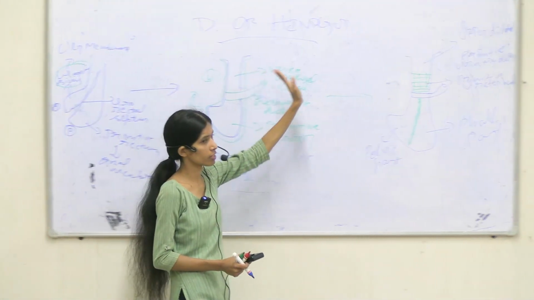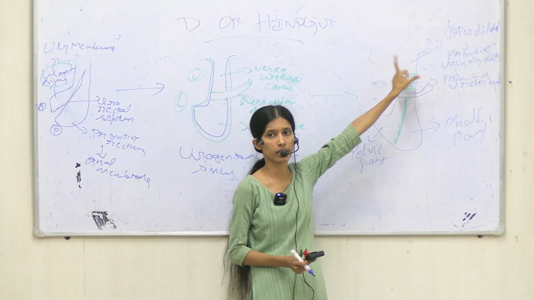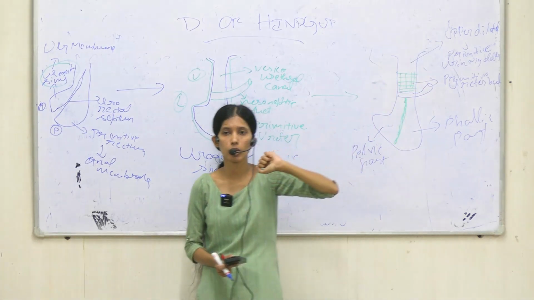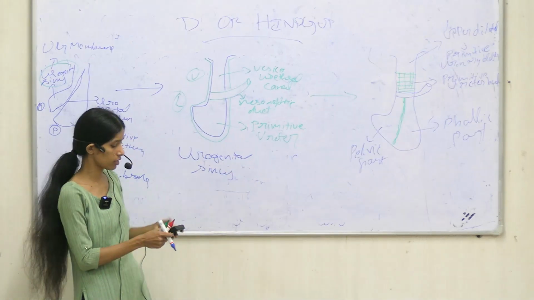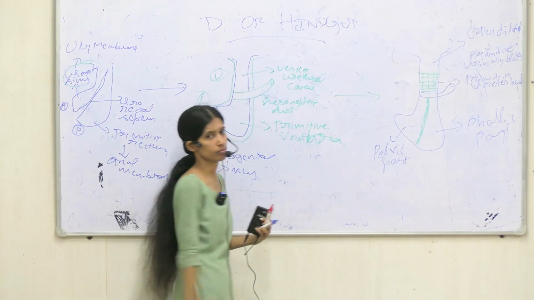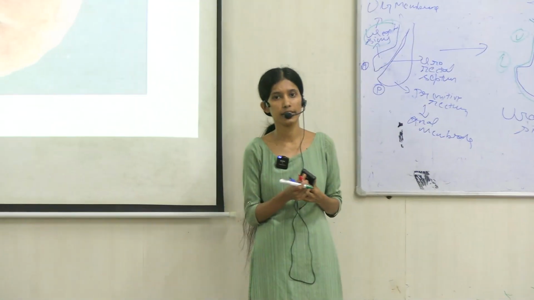The upper vesicle part is again divided into two parts. The upper dilated part is called primitive urinary bladder. The smaller lower part is called primitive ureter, and the primitive urethra. And the primitive urethra part is again divided into two parts.